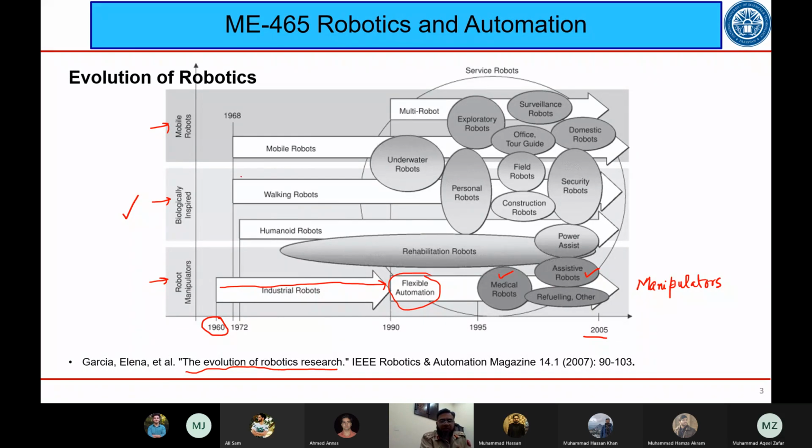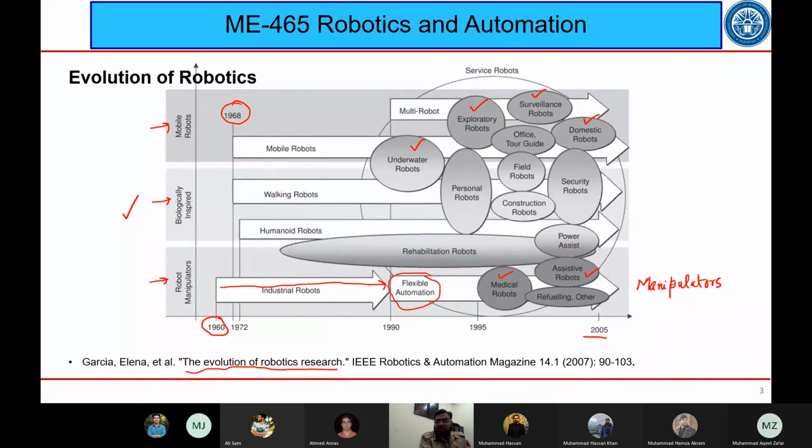Then in 1968, the mobile robots came in, and people started using underwater robots, then exploratory robots, surveillance, something like this. So exploratory, then underwater surveillance, then domestic robots.